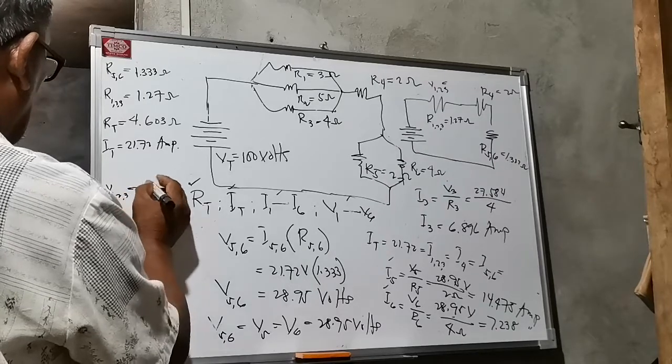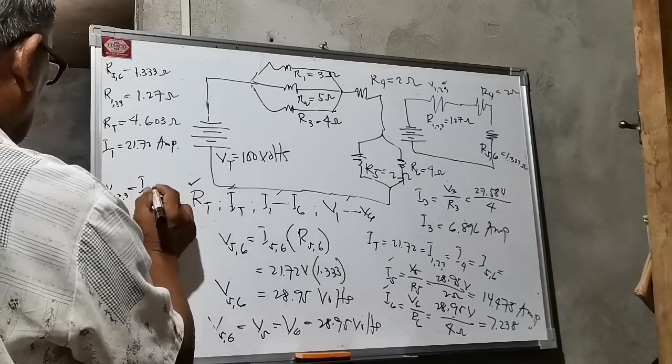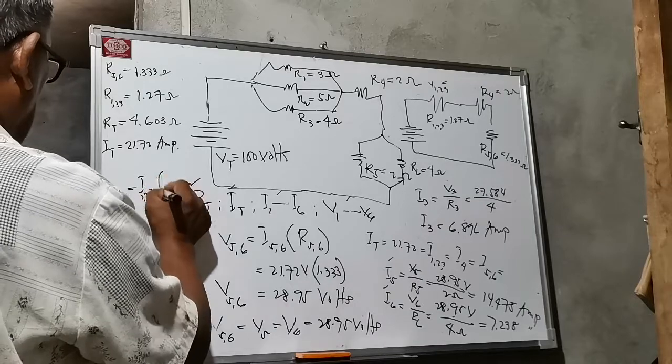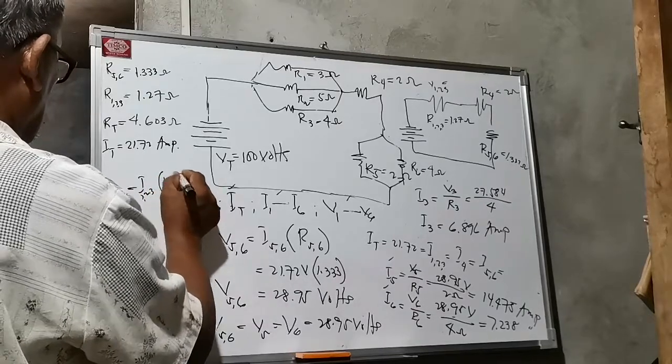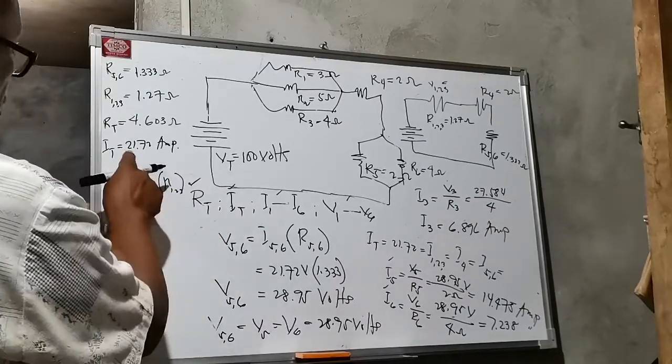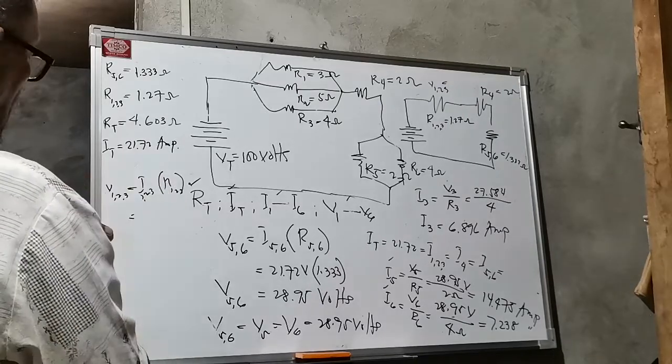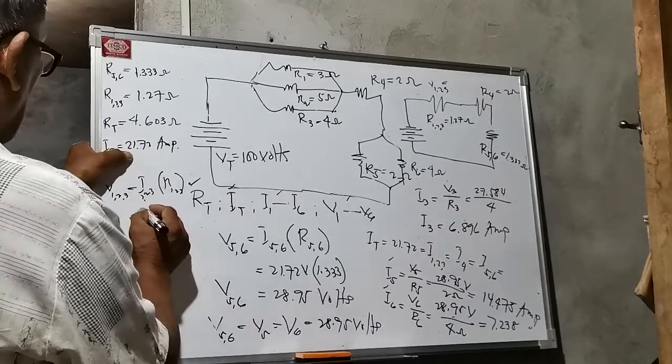is equal to I1, 2, 3 times R1, 2, 3. I1, 2, 3 is the same as I total.